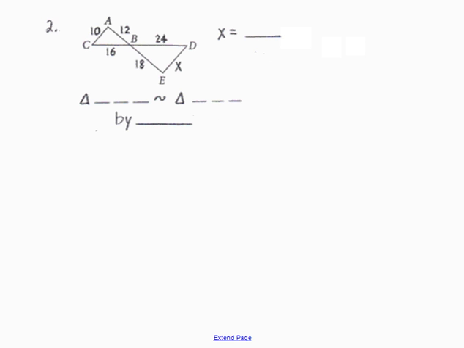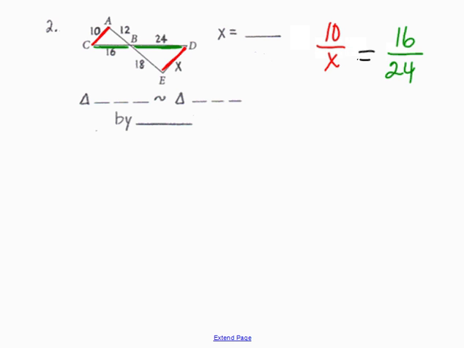So, in order to figure out x, I'm going to set this similar to this. I'm going to go from this left to the right, 10 over x. And then I'm going to see this side similar to this side. So I'm going to say 16 to 24.